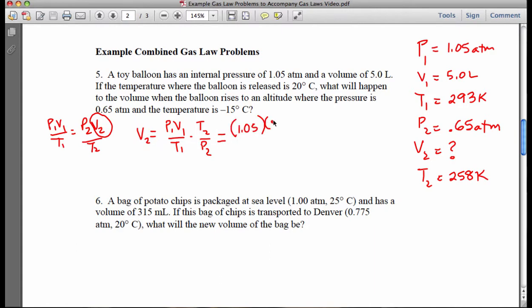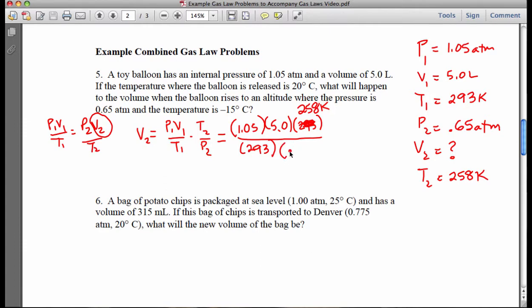1.05, 5 liters, 293 over, that's the wrong temperature, isn't it? T2, 258 Kelvin, and then T1 is the 293.